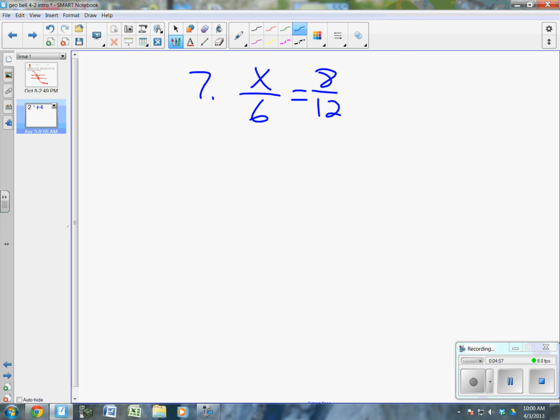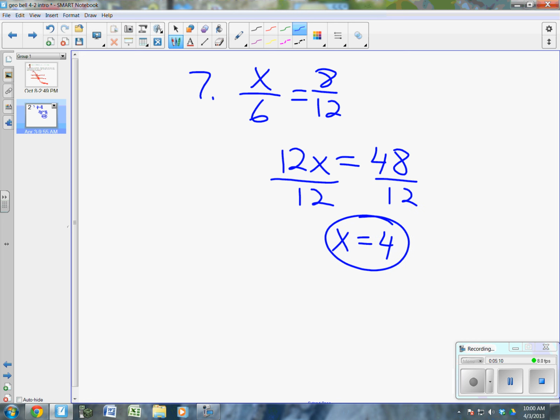We could cross multiply. 12 times x is 12x. 6 times 8 is 48. What would you do to solve that equation? Divide by 12, and you get x equals 4.